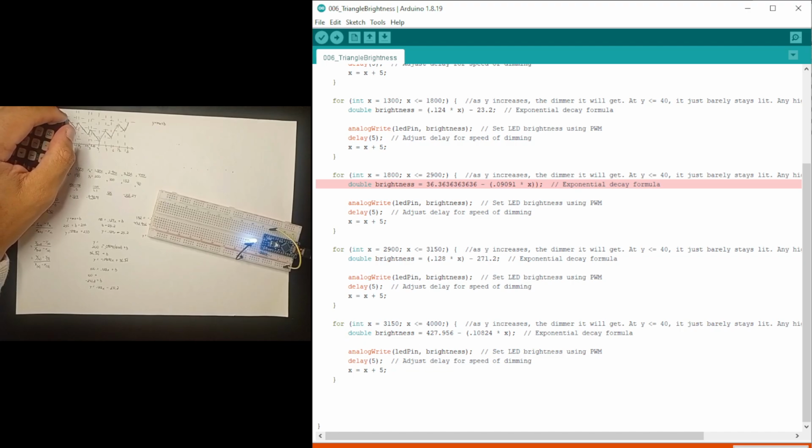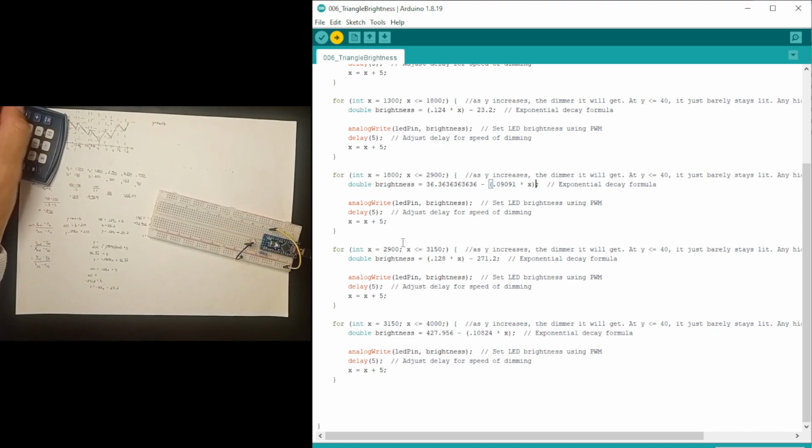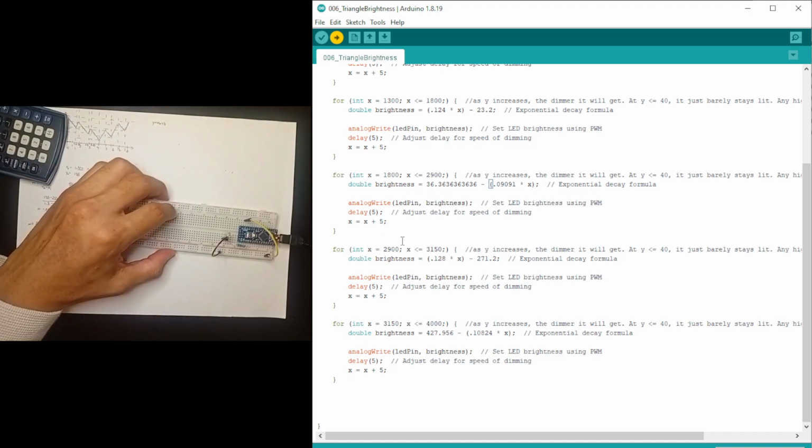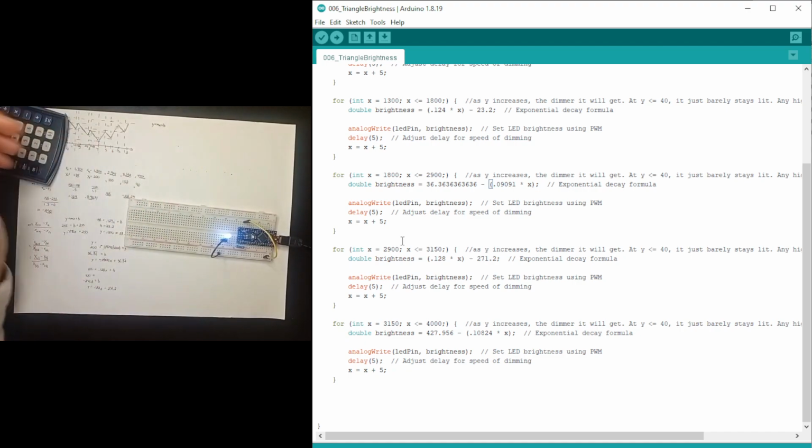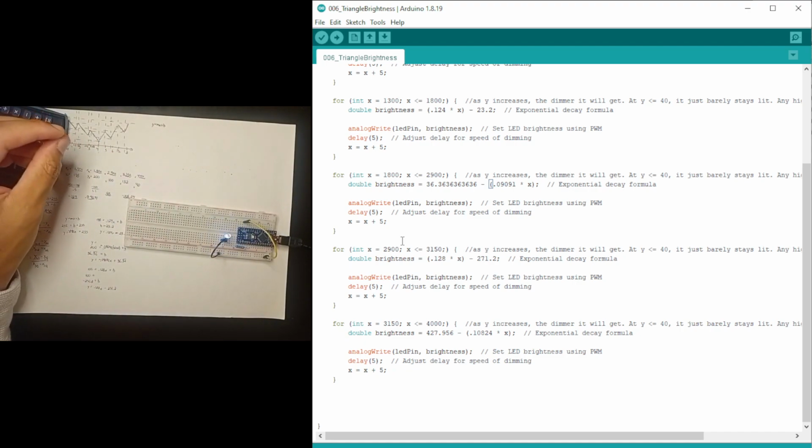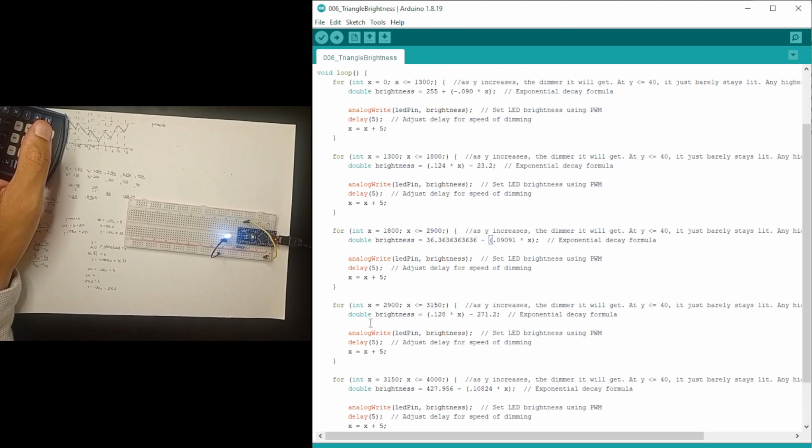Expected, comma, this, oh, is it that? Okay, let's see how this LED holds up. It should decrease, increase a little bit, decrease. Okay, that goes by really quick.